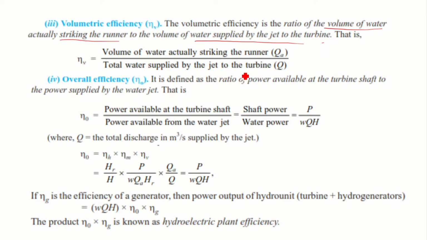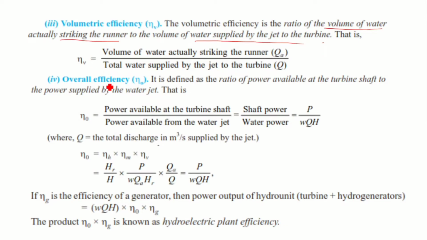So it is the ratio of the actual volume of water striking the plate to the total water supplied by the jet to the turbine. The total water supplied by the jet means the actual amount of water issuing from the nozzle, which is represented as Q, and the actual amount of water striking the vanes is represented as Q_A. So its ratio is the volumetric efficiency.